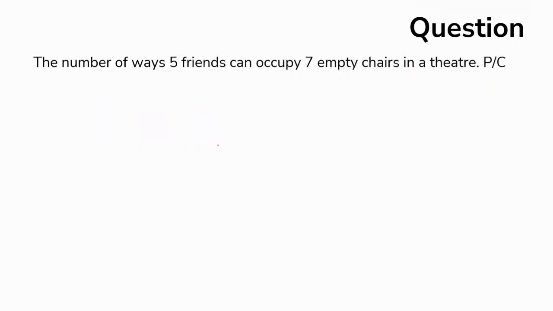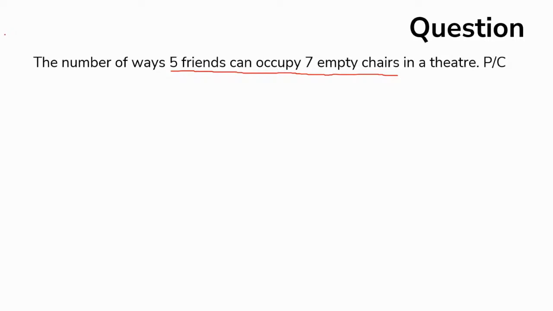Moving on to the next one: the number of ways five friends can occupy seven empty chairs in a theater. Is it a permutation question or a combination question? Out of seven chairs, five members have to select their chairs, and we need the number of possible ways.